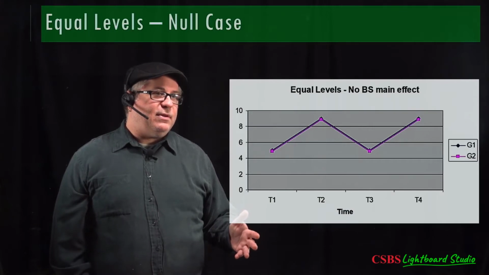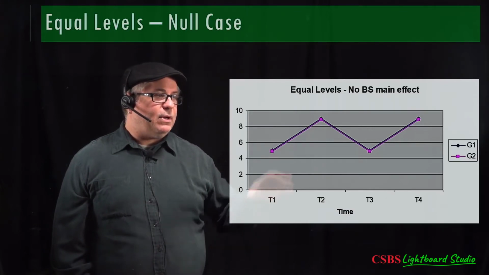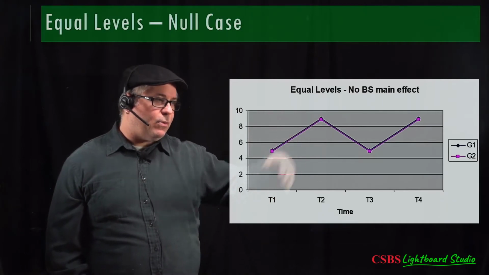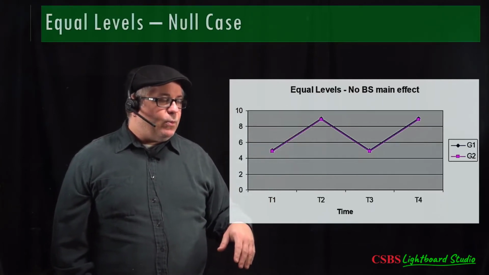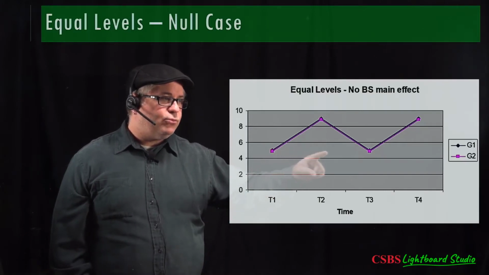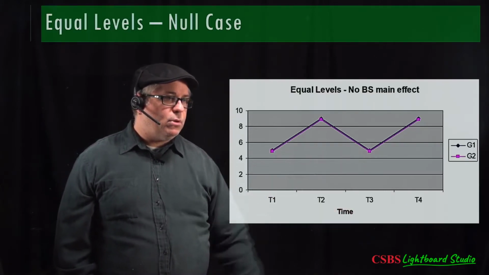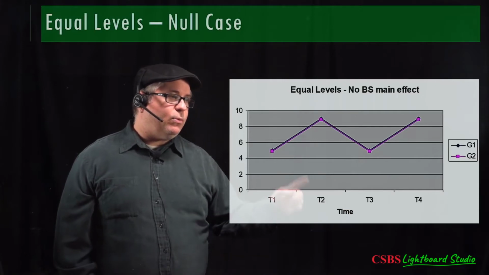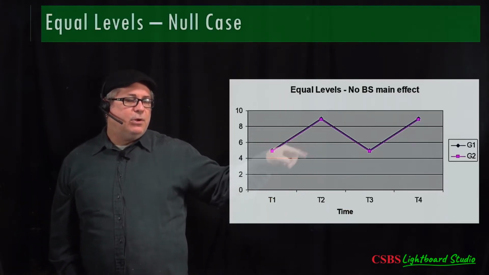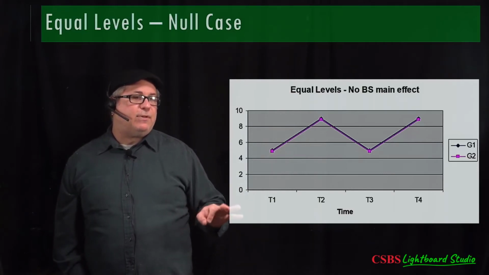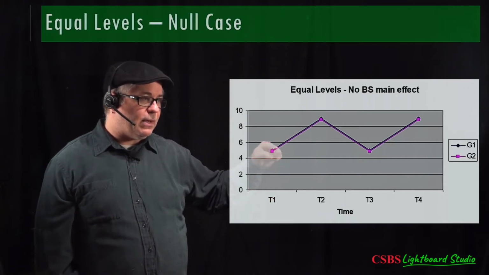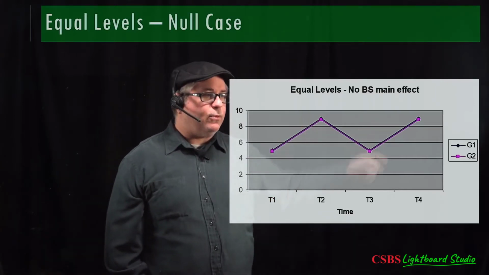We're testing to see if we were to collapse the groups together, the means would create a flat line. Well, in this case, we would actually reject flatness. Even though we would retain equal levels here, we would reject flatness. And we would also keep parallel profiles, which we'll get to in a second, because both groups have the exact same profile as one another.